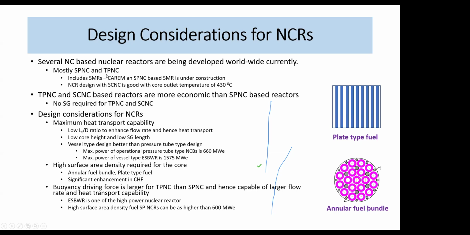And with two-phase natural circulation, you can have high power, because in two-phase you have a much larger driving force compared to single-phase. So a natural circulation reactor design with supercritical natural circulation is good. You can have high power, but you cannot have an outlet temperature of more than 430 degrees centigrade.